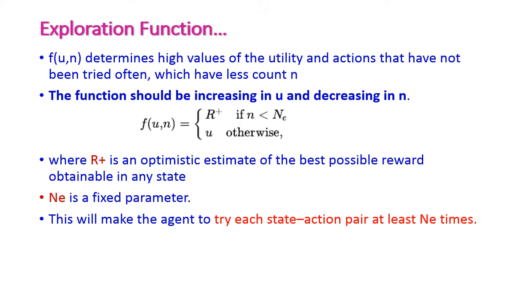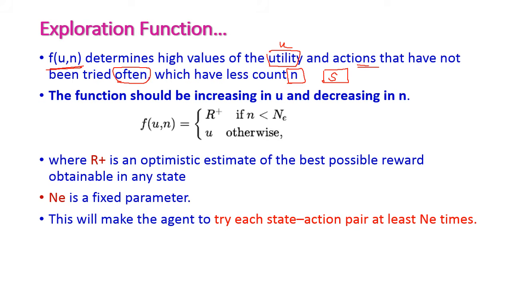The function f of u comma n is used to determine a high value of the utility u for the actions which have not been tried often, that is, which have a low count n. Some actions may be tried very few times in a particular state, isn't it?